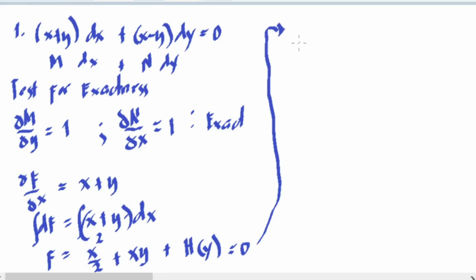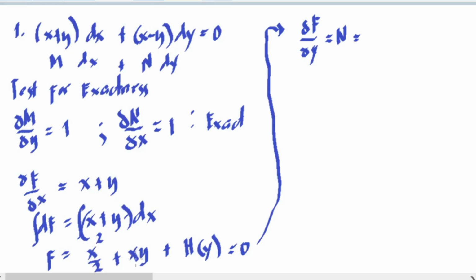After that, we take the derivative of f with respect to y, and that should be equal to N. The derivative of x squared over 2 with respect to y is already 0, since we put x as a constant.